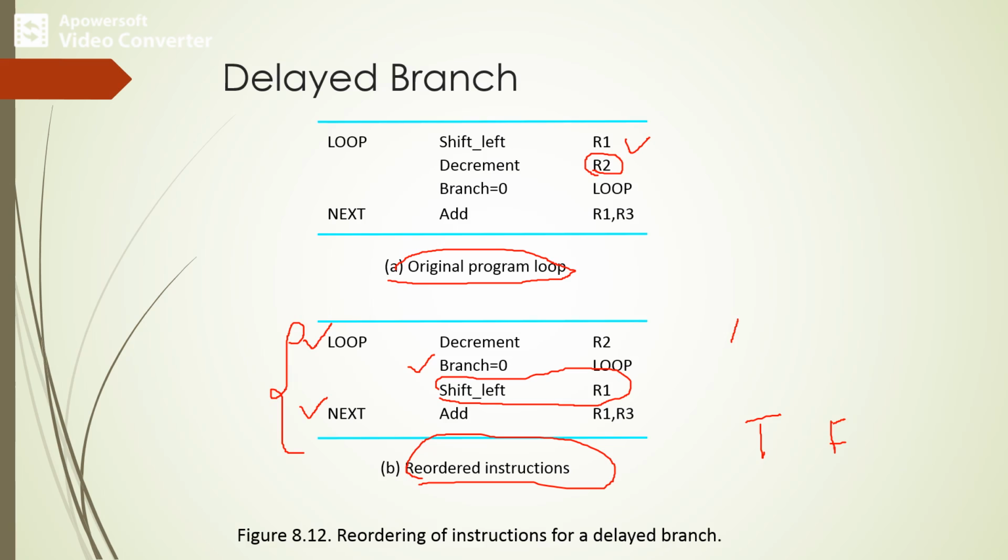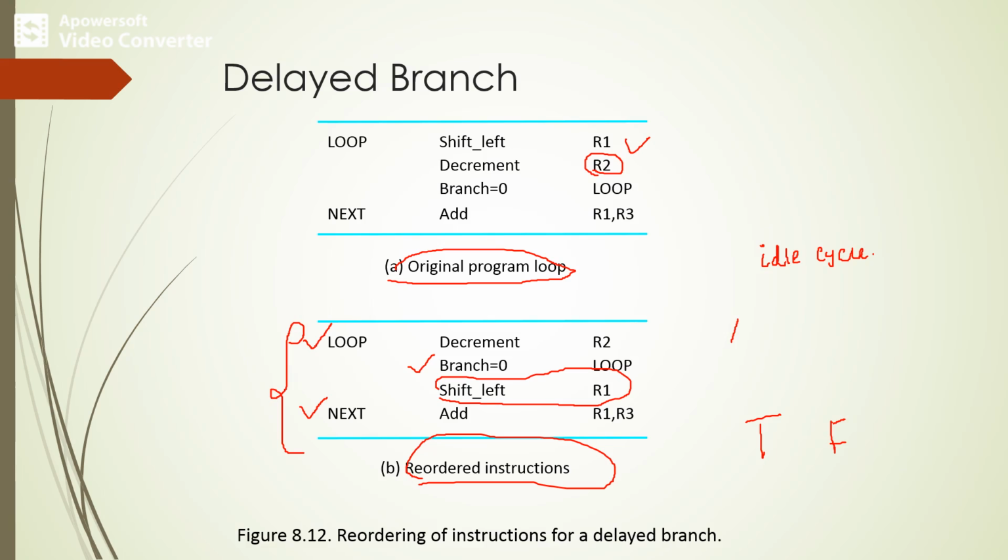Pipeline operation is not interrupted at any time and there are no idle clock cycles. I can say that not even a single free clock cycle is available when you overlap the operations. Logically, the program is executed as if the branch instruction were placed after the shift instruction.